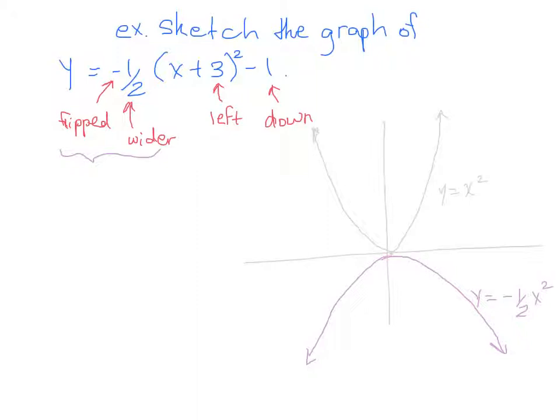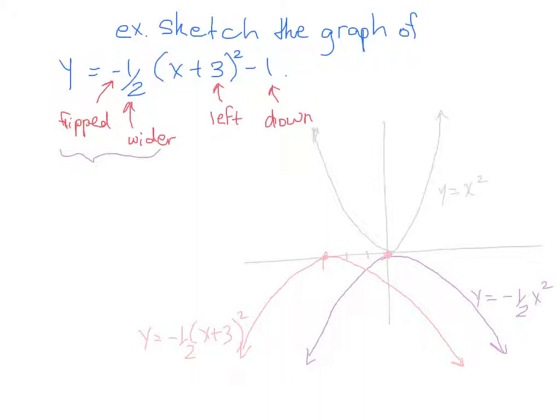So the vertex is 0, 0 right now. 1, 2, 3. Now that's the new vertex. The shape stays the same as my light purple graph. And that is not the answer yet. That's the graph of y equals negative a half x plus 3 squared.